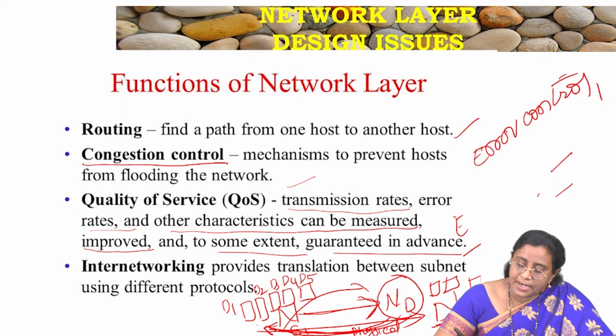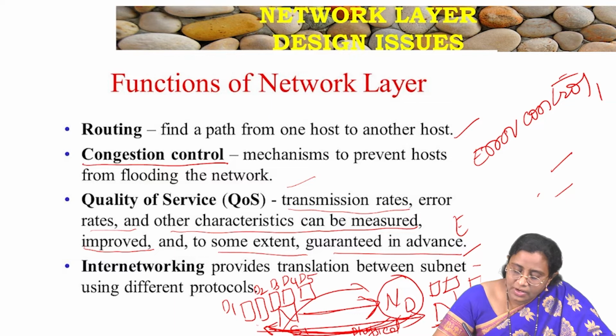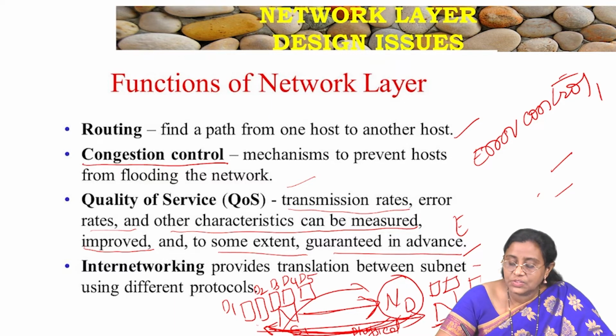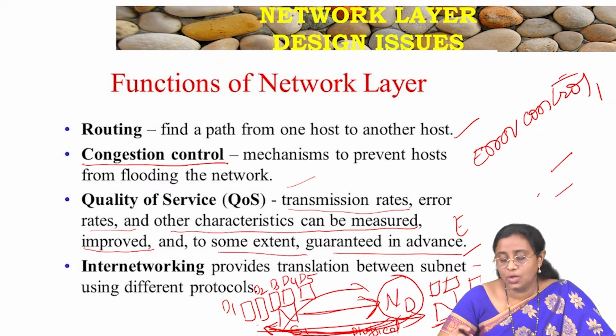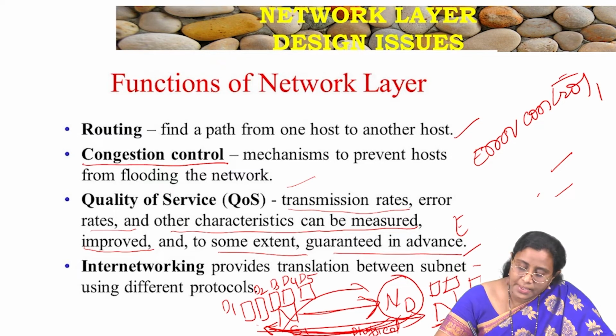So what happens in the middle, if any bit is disrupted or does not hold any IP address, or if any bit is corrupted, that bit will be identified by means of CRC checking codes or some error detecting codes. That bit needs to be identified, taken out, and resent to the concerned sender.